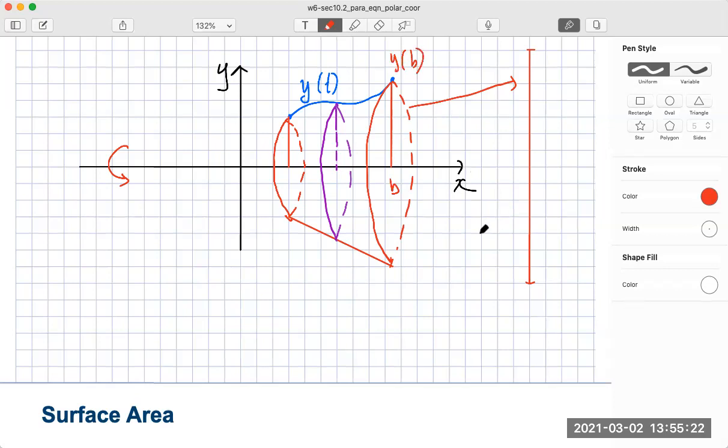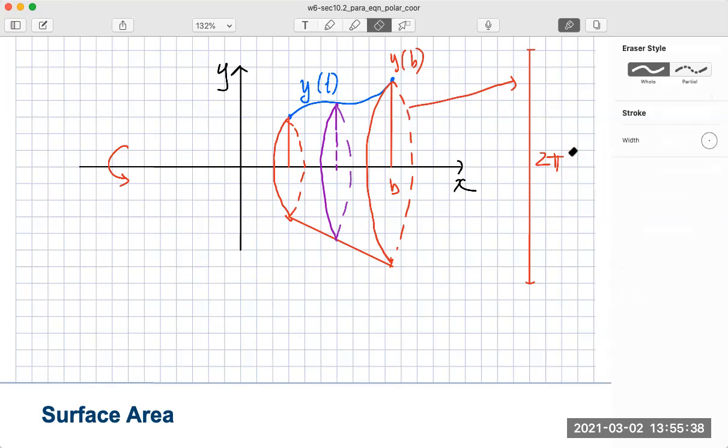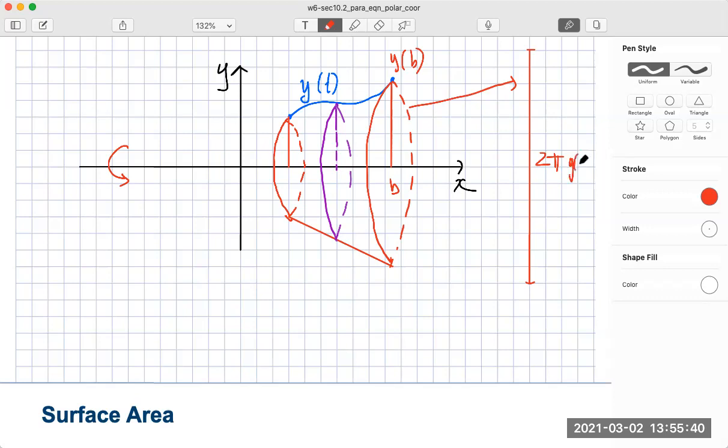It is a circle, right? With the radius y of b, and yes, it is 2 pi r, where r is the radius of this circle. In this case, it will be y at b, right? You agree?